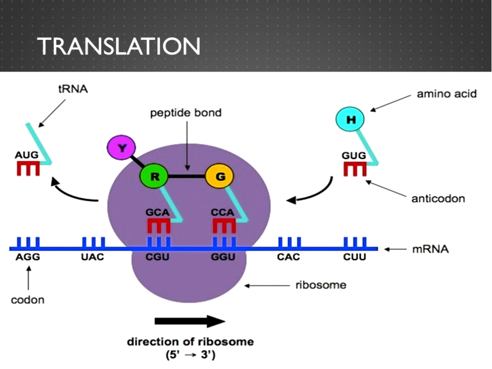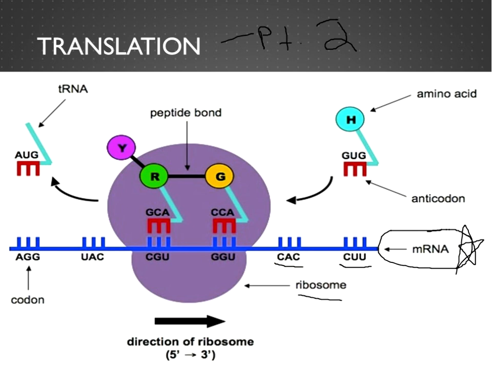Translation, remember, here's your messenger RNA right here. The messenger RNA now needs to get translated. This is part 2. But once you get the messenger RNA, which is right here, the blue line, now the ribosome, this big purple thing, is going to read each letters 3 at a time.